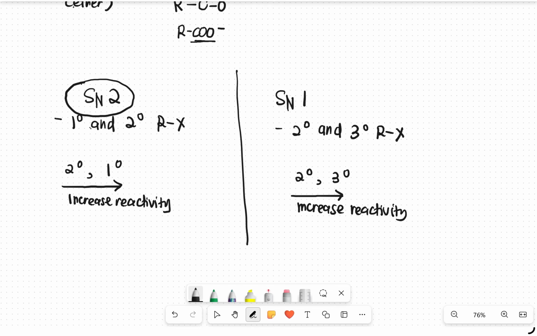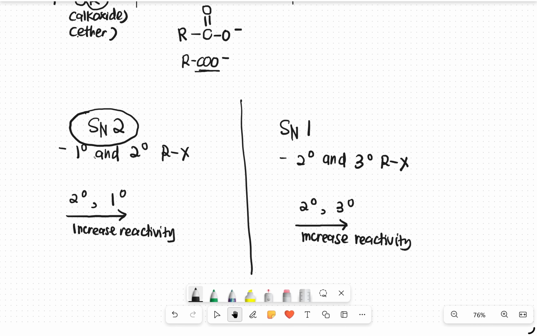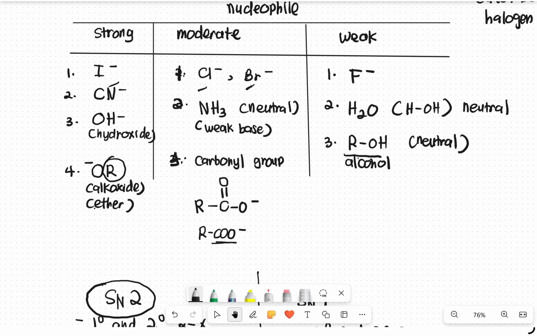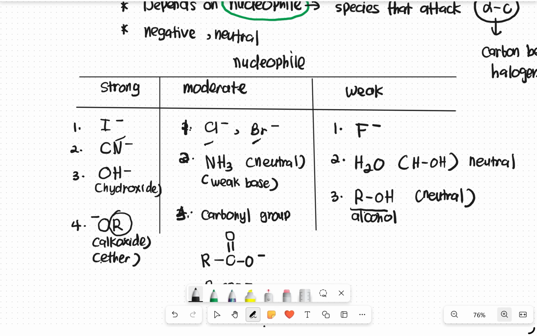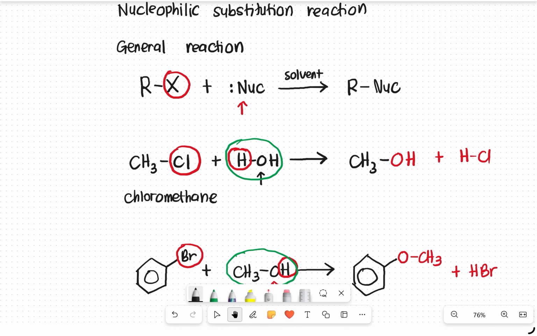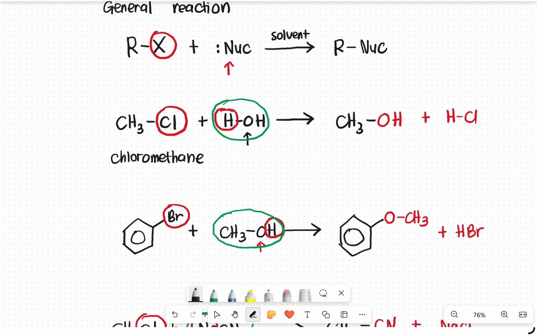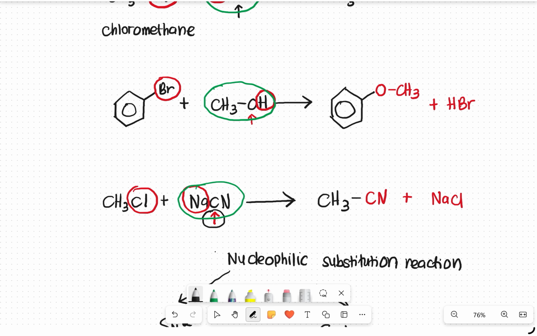Okay, so now for this one, make sure you know the reactions. Let us recap the first reaction, nucleophilic substitution reaction. This is the general mechanism where you just replace the halogen with the nucleophile like this.